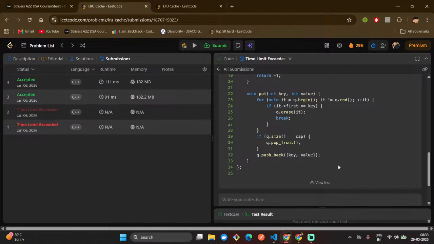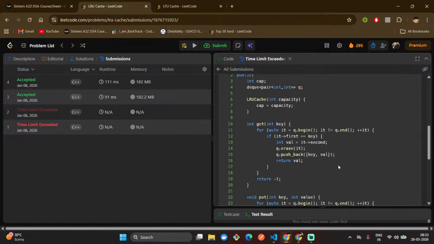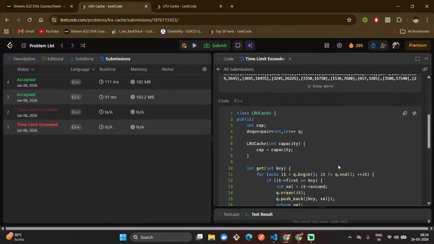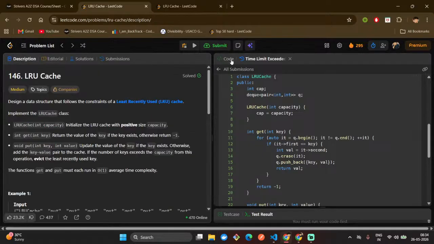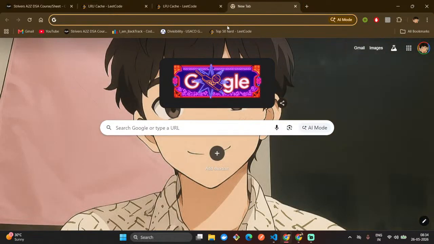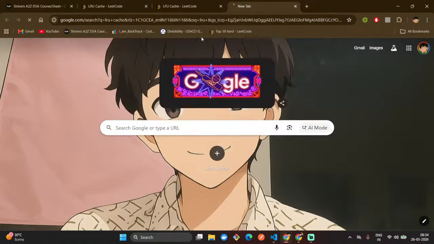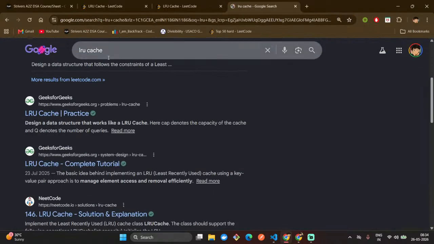I have a list problem, right? Right here, list here. Yeah, it took the LRU. You have to understand the LRU concept. Let's see what LRU is doing.